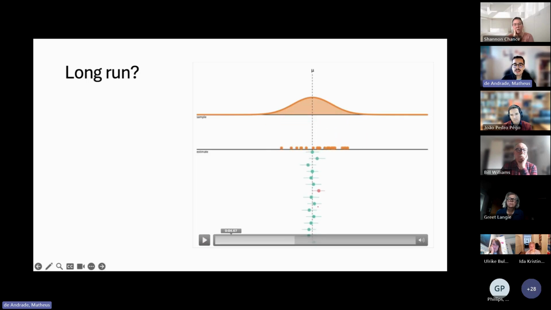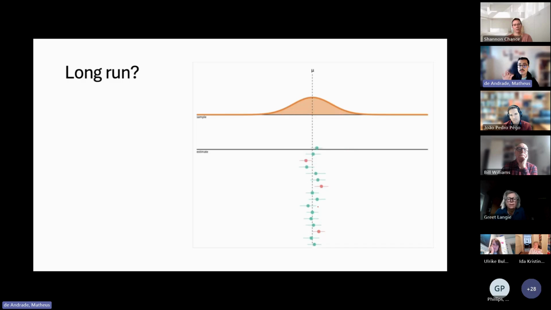If you see in here, one of these points now is red, and that means that even though I sampled from my population, my statistics are coming back as a false positive, which is a type 1 type of error. And you should interpret each new point in this visualization as a different study. So that's what we mean by long run.